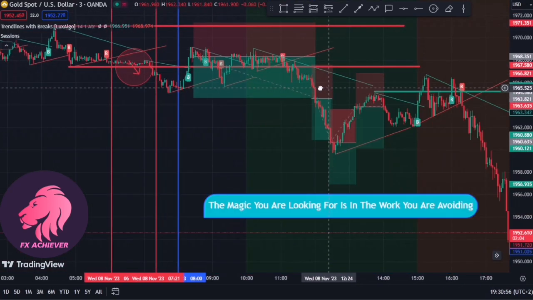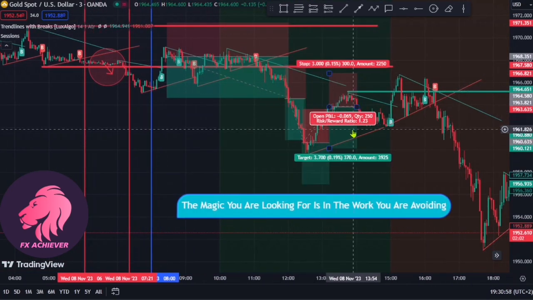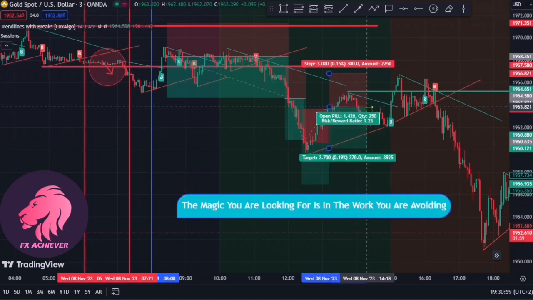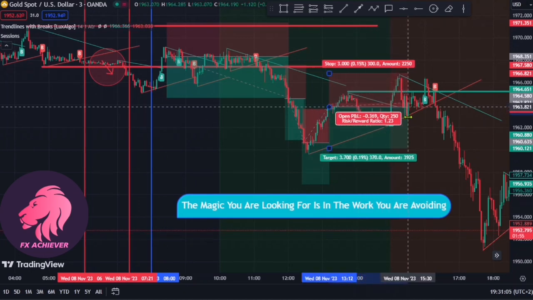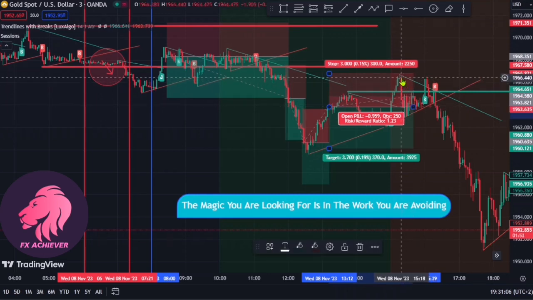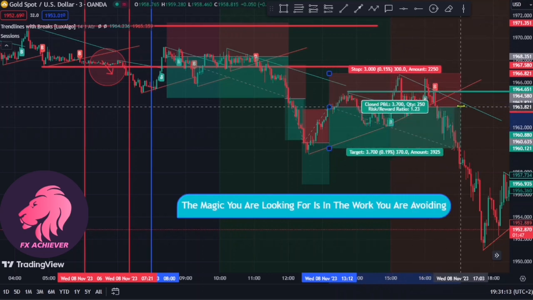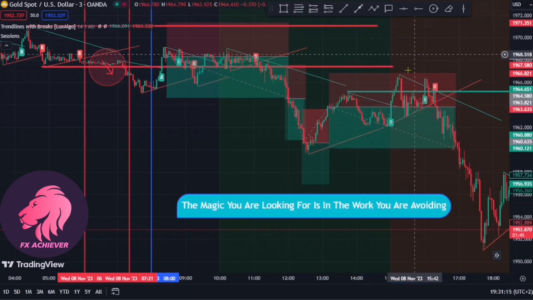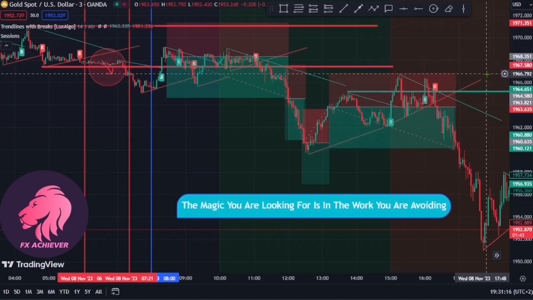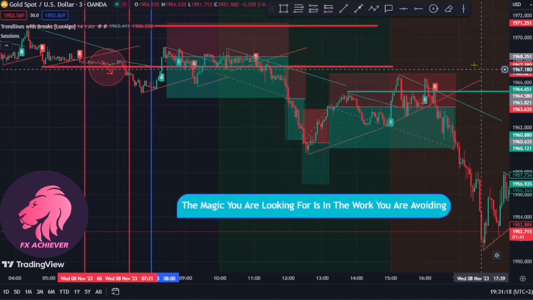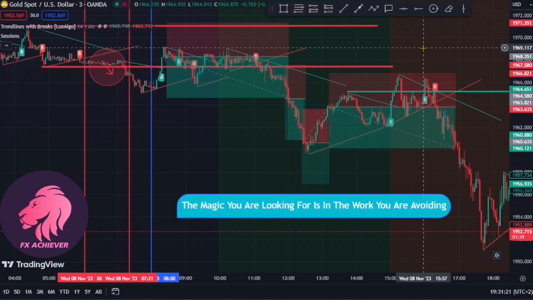I'm still taking my selling opportunities, and as you can see on this one, it was a close encounter. You can see it nearly hit my stop loss, but when you check properly, the stop loss didn't get hit. There was no hit on my stop loss, so you can see.